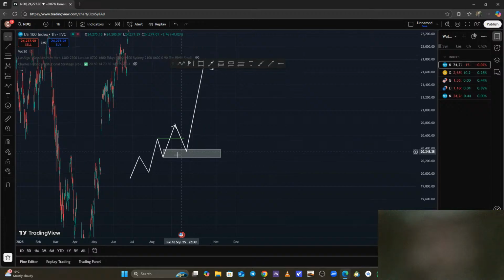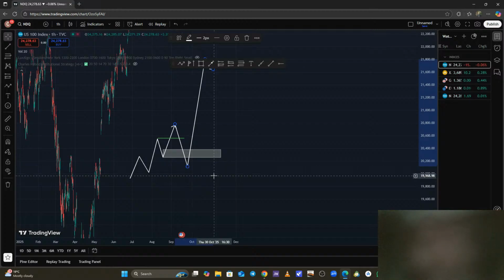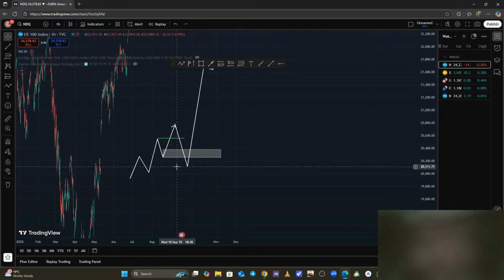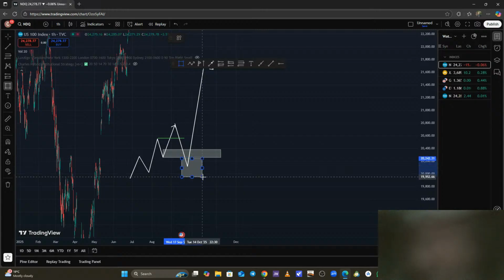So when the price comes back down here, and you notice that the price moves even lower than that anticipated price or anticipated zone, this down here is what we call a liquidity sweep, a fake out. When the price fakes out and goes even lower than the expected price, that's a liquidity sweep.